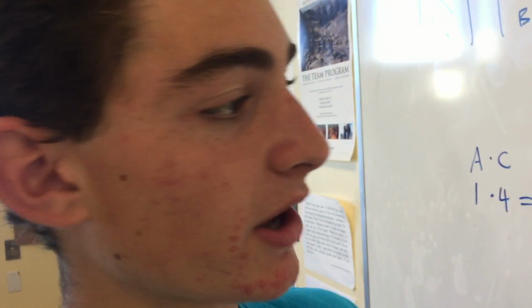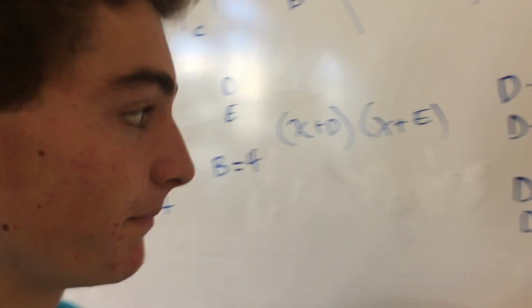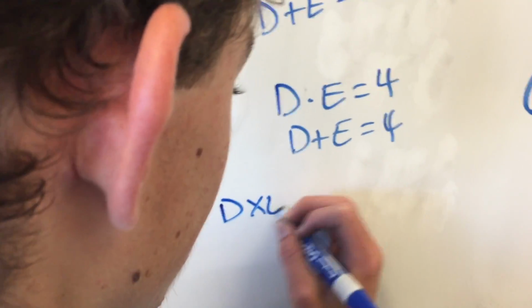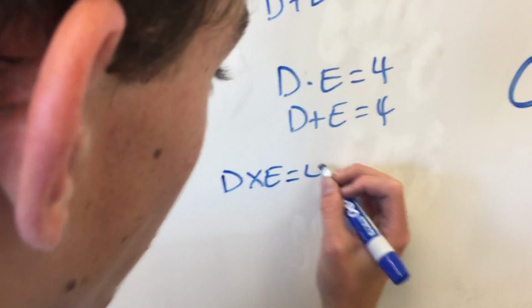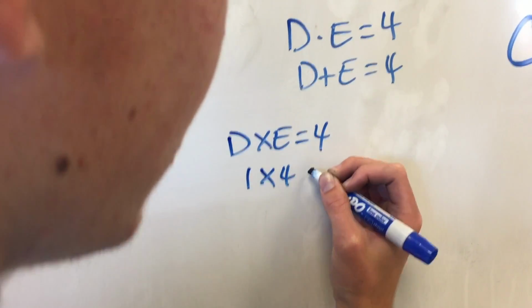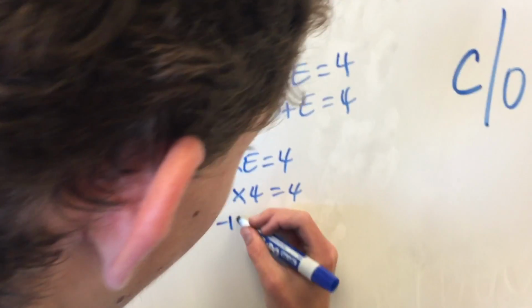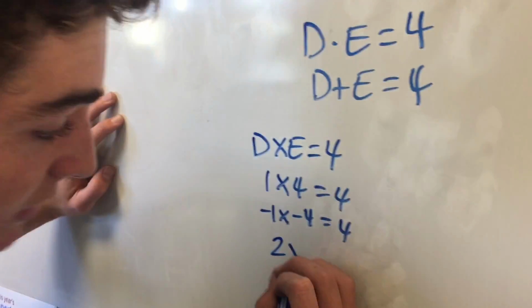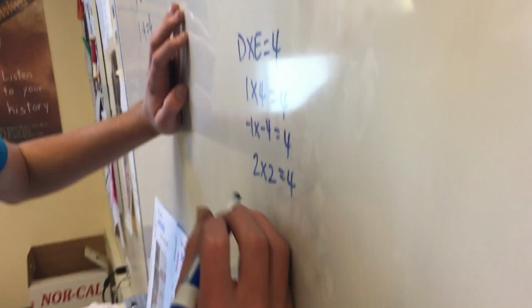Now, there are many ways to go about doing this, but let's try all the possible solutions for this problem, where D times E equals 4. That could be 1 times 4 equals 4. Negative 1 times negative 4 equals 4. I get tricky sometimes. 2 times 2 equals 4.